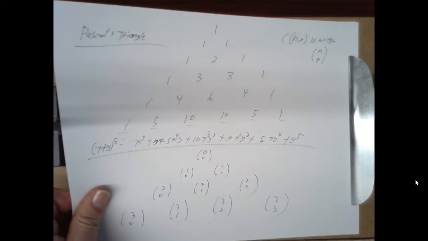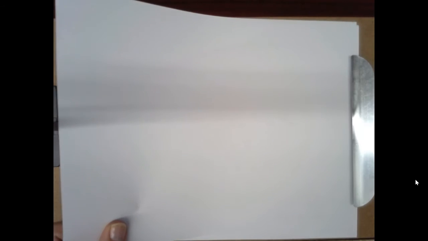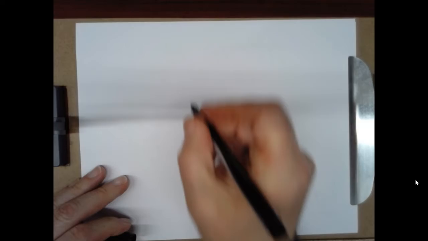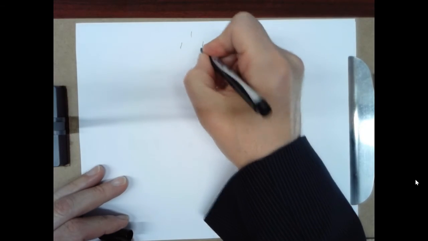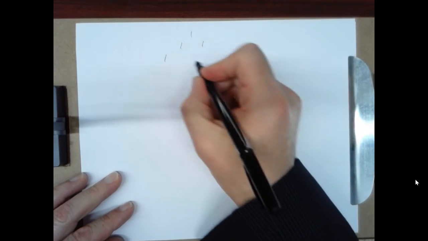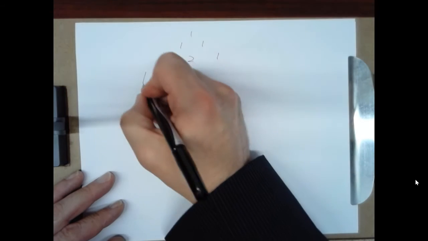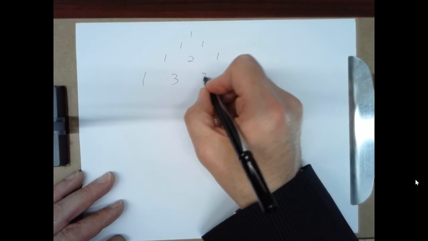And Pascal's triangle is easy to draw. The edges are always 1, and the interior is always the sum of the two values above it. So 1 plus 1 is 2. That's the next row. 1 plus 2 is 3. 2 plus 1 is 3.